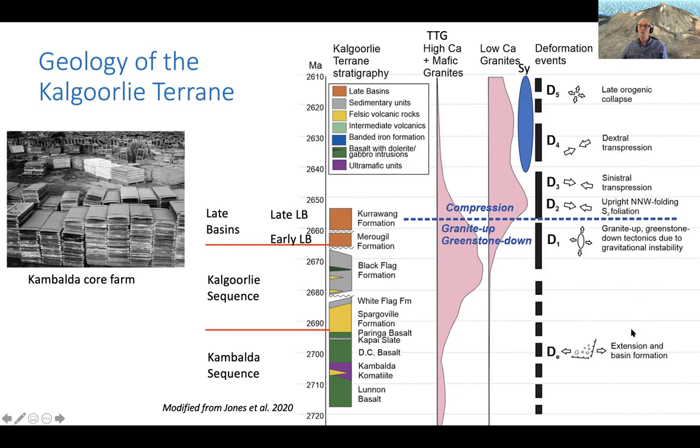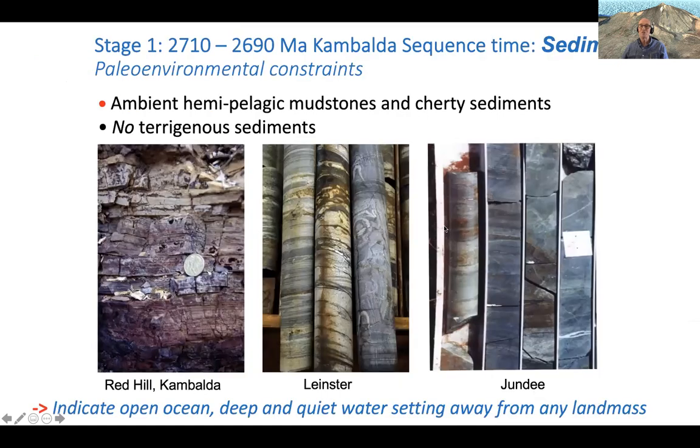On the right, we see the depiction of the principal deformational events, an early basin-forming extensional event that spans most of the history of the Kalgoorlie Terrane, followed by a D1 deformational event, which Jones et al. relate to the emplacement of upwards rising diapiric plutons into supracrustal greenstone stratigraphic sequences. And these were followed by a succession of compressional events, D2, D3, D4, which began just before the deposition of the Currawang sequence late basin system.